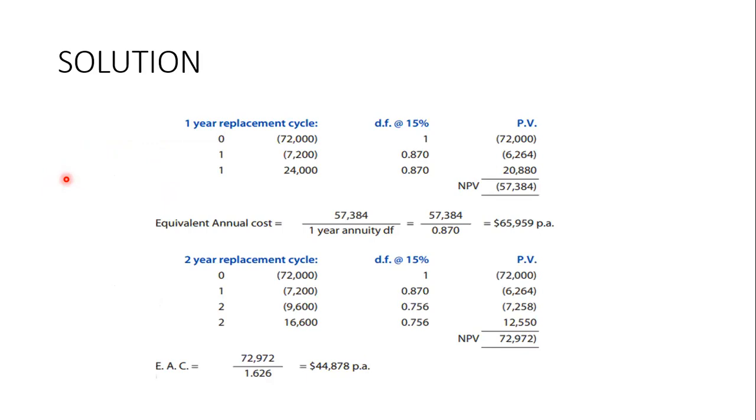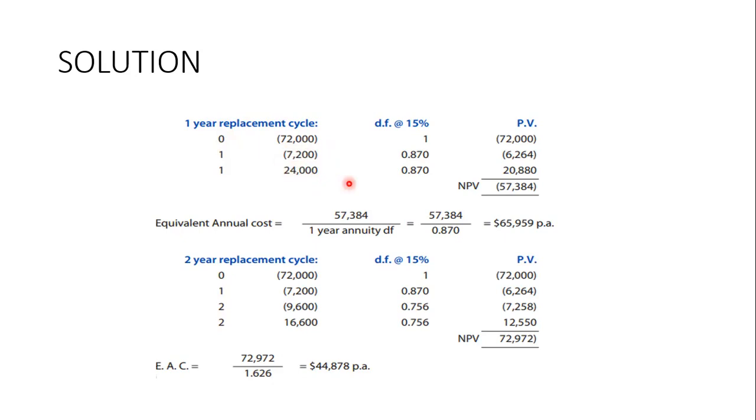So year 1: first of all, remember the cost of the equipment or machine is 72,000, which happens before the start of the project in year 0, a cash outflow. And then we would have incurred a running cost of 7,200 in year 1, and then a scrap value of sale of 24,000, which is a cash inflow.